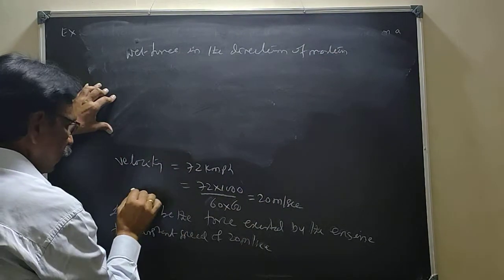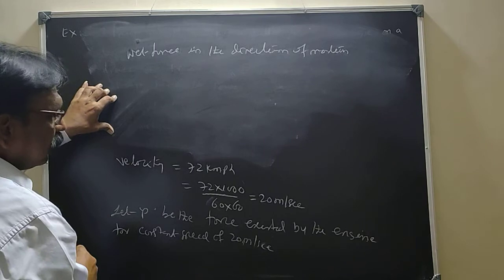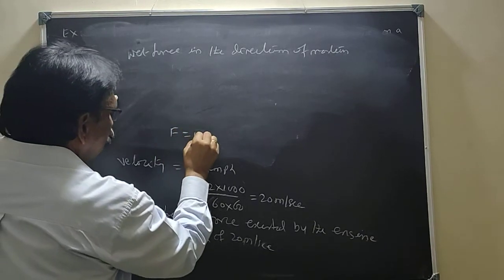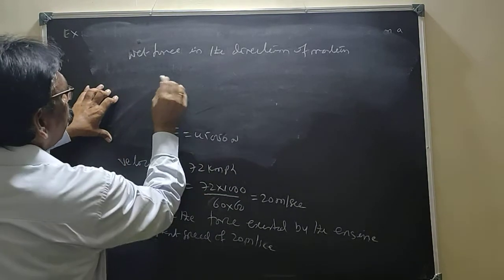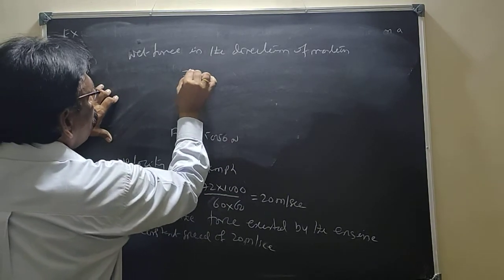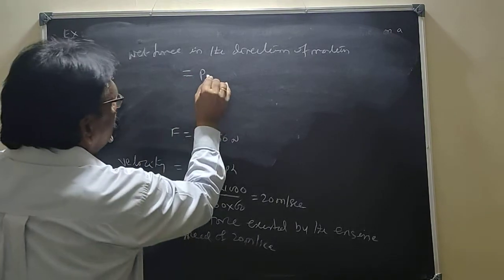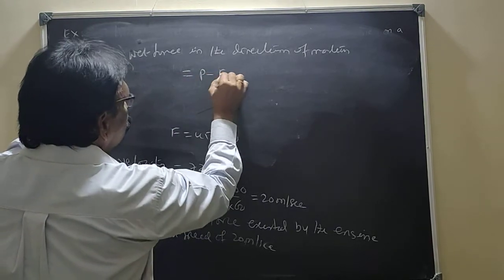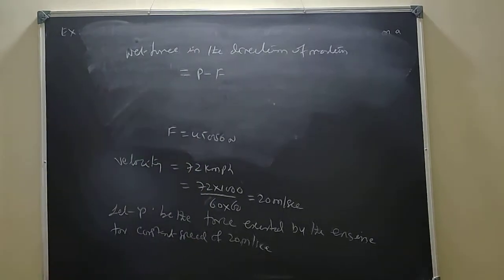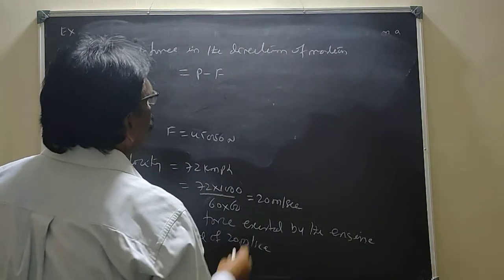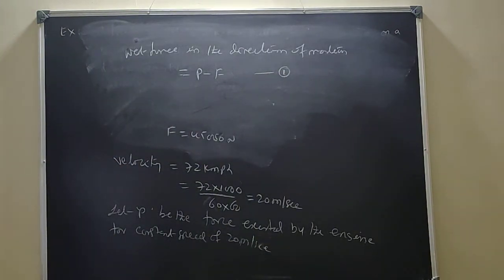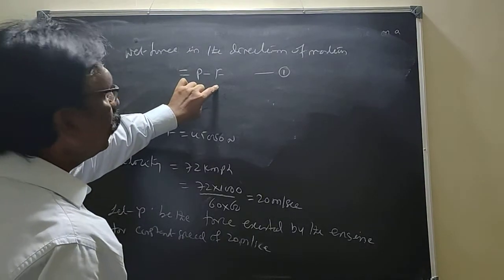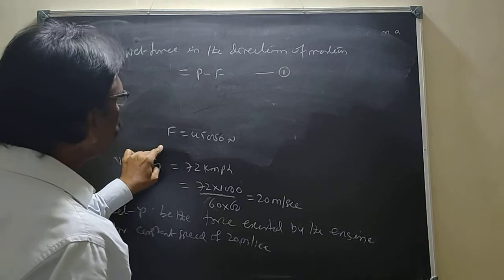Now the resistance F that you have calculated is 45,000 Newton. Am I right? So the net force is equal to the force exerted by the train engine minus F. Calling it equation 1, the net force in the direction of the motion is equal to the force exerted by the engine minus the frictional force developed because of the friction.